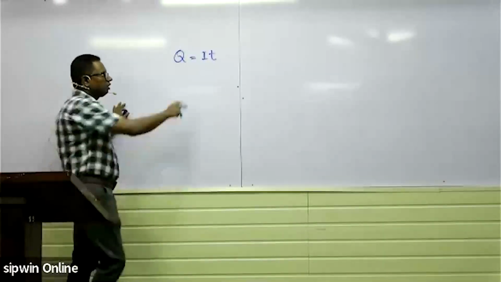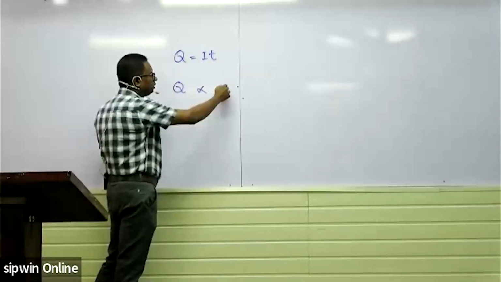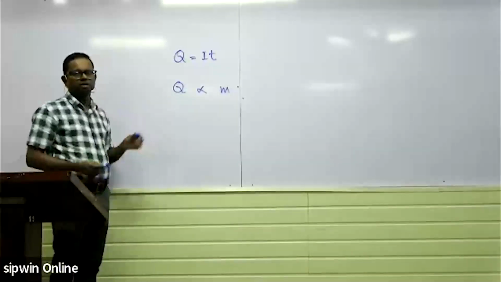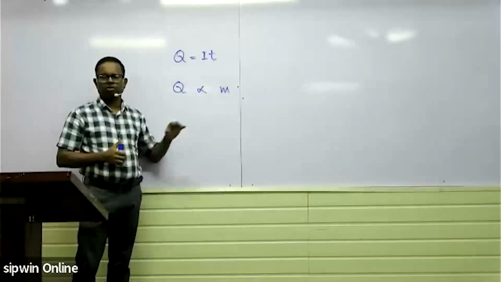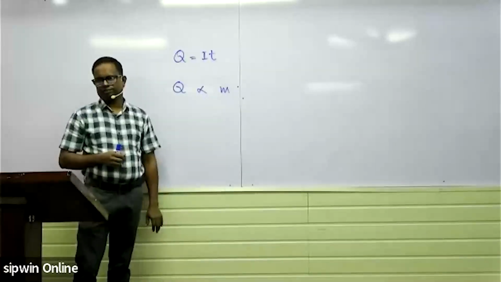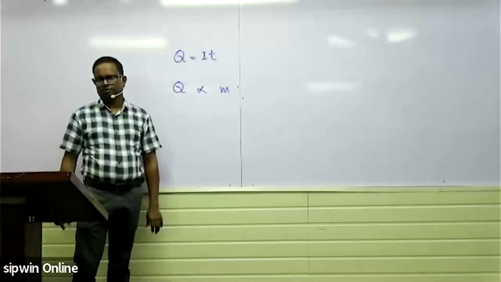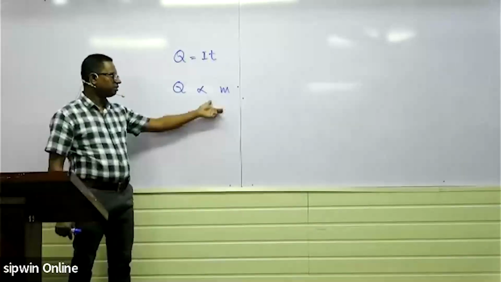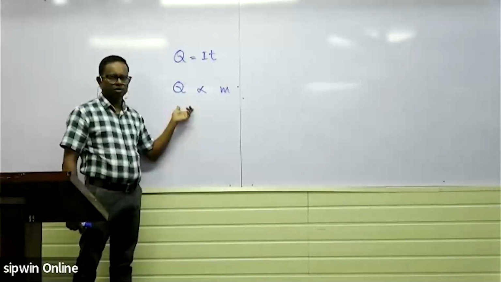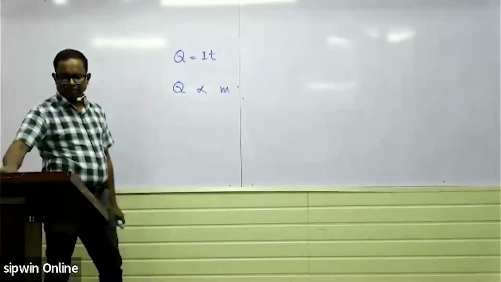How many coulombs we pass is proportional to the mass of the metal deposited on or dissolved from the electrolyte solution. Sometimes deposit, sometimes dissolve. Mass is directly proportional to the amount of coulombs. That is the idea.